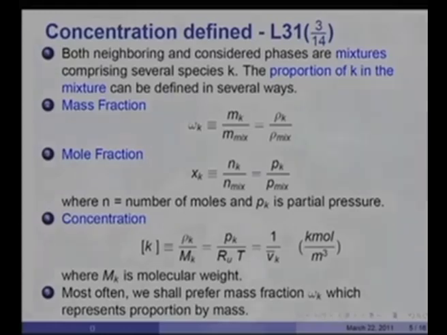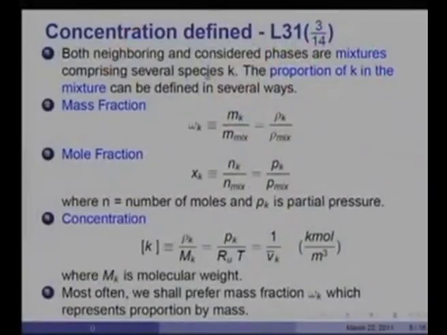On the other hand, the neighboring phase itself could be a fuel. If it is a pure liquid, let us say a fuel like diesel, of course, there would be only a single species called the fuel species. But if, for example, the diesel itself is mixed with water, then the fuel itself is not a single species, but a mixture of species.